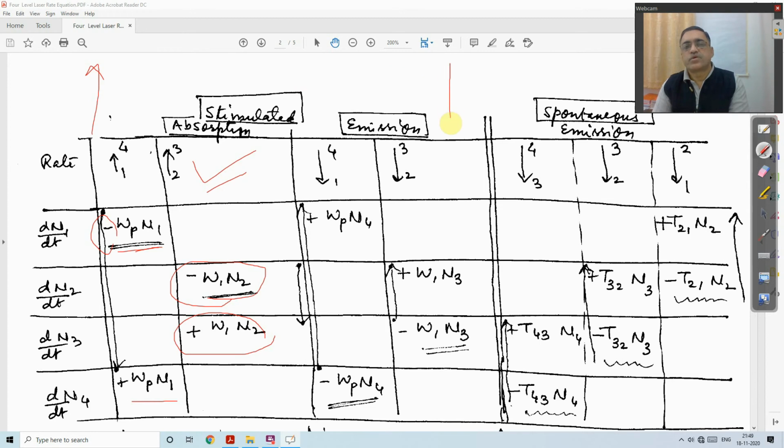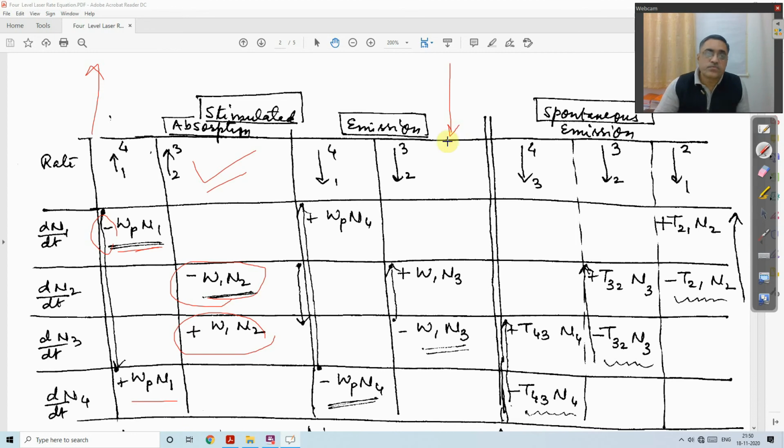Now for absorption, there must be an emission also when we talk about stimulated one, because it is under the action of some radiation, as told by Albert Einstein. Here also, because the rate is proportional to the number of active species present at that level. We must not forget this.